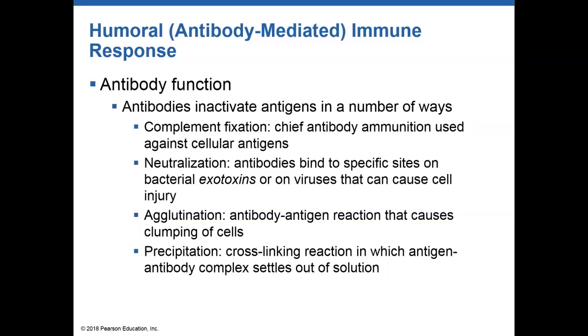They will cause agglutination, where something dissolved in blood plasma comes out and becomes chunky, like clumping of cells. Agglutination actually increases the ability of macrophages to phagocytize the material as well. And then precipitation, where we cross-link the antigens and antibodies, and that causes the antigen to come out of the solution.